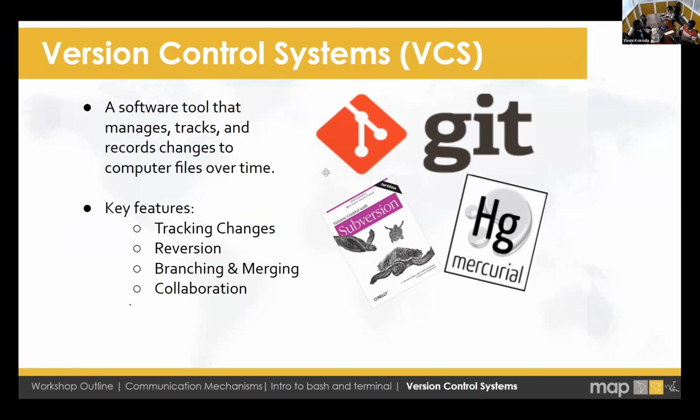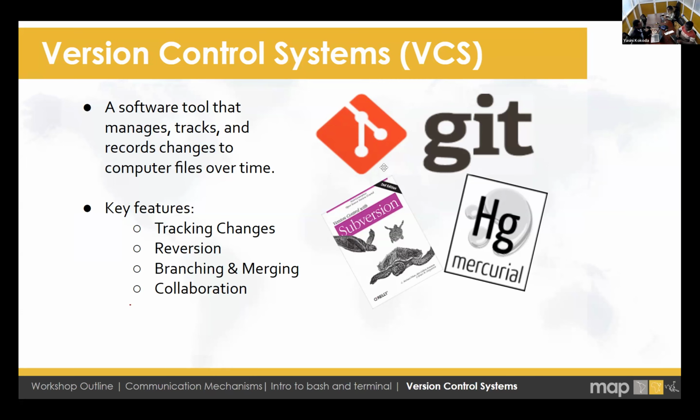In these version control systems, we have a variety of them, but here we put the main three: Git, Subversion, and Mercurial.